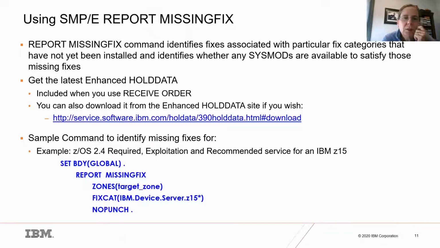And then you can see here at the bottom of the slide a very simple example of the syntax you would use to have SMP invoke REPORT MISSINGFIX. Notice here that on the fixcat, I have used a wildcard so that I will pick up the z15 T01, T02. I will pick up recommended, required, and exploitation. It's a great thing to do. All you're doing is running a report. You might as well go see what all kinds of fixes you are missing.